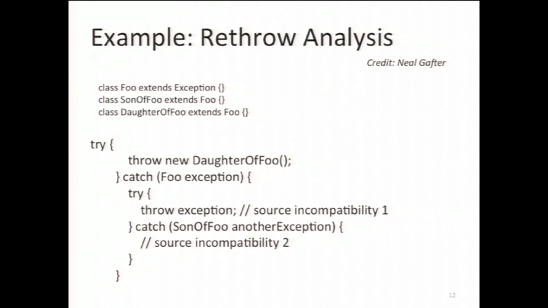In 7, you know that you will throw an exception of type daughter of foo, which means that the catch part becomes unreachable code. It will never execute. So in Java 6, this would compile. In Java 7, this won't. So they did an analysis trying to find out, is this a real problem, or is this just a corner case that won't happen, basically.